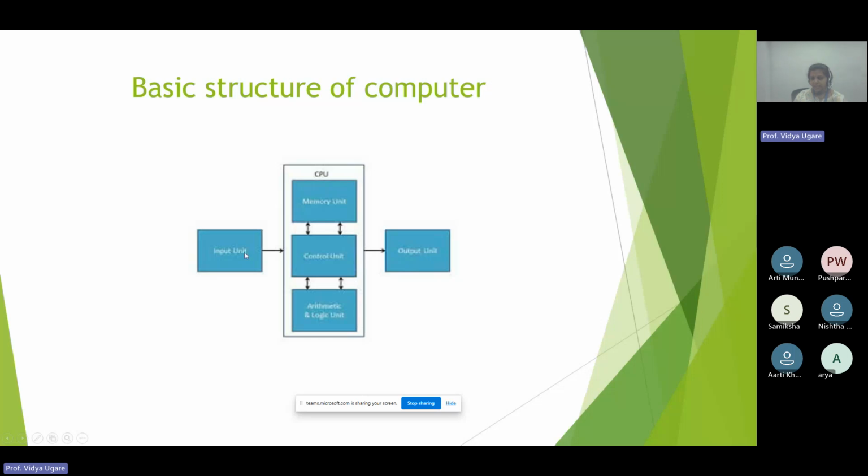Input means we are getting the data from the user, and once the input is processed, after doing some transactions and the execution of the instruction, the result is sent to the output, right?